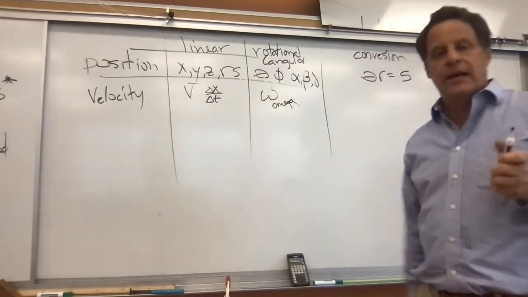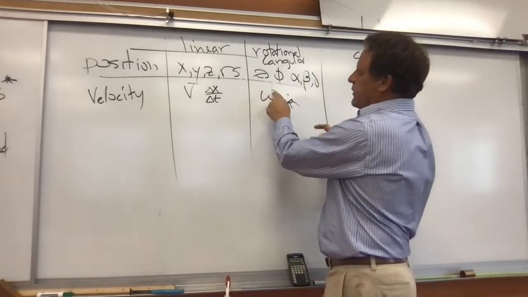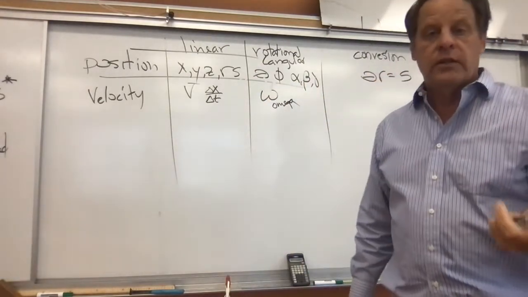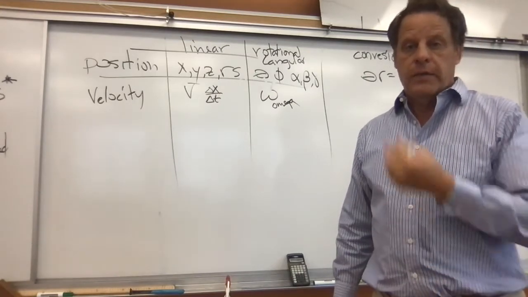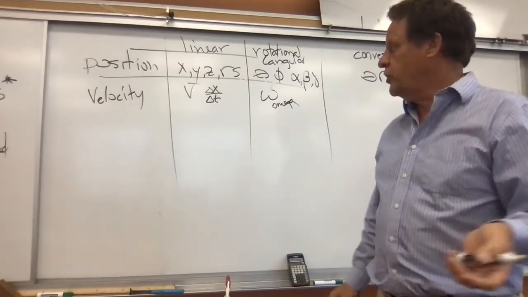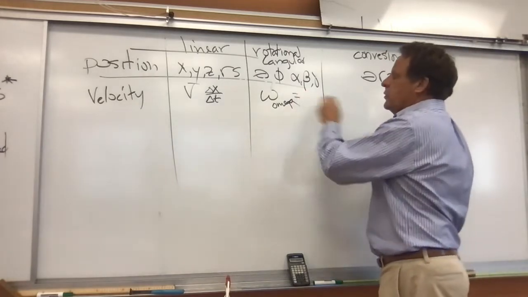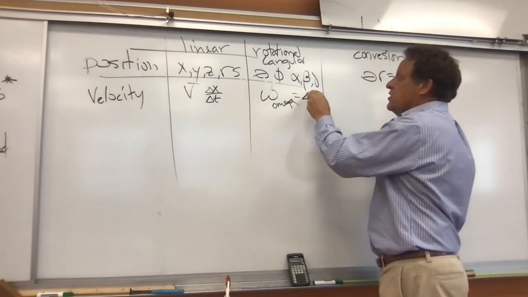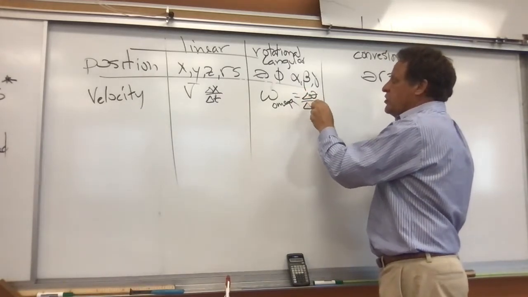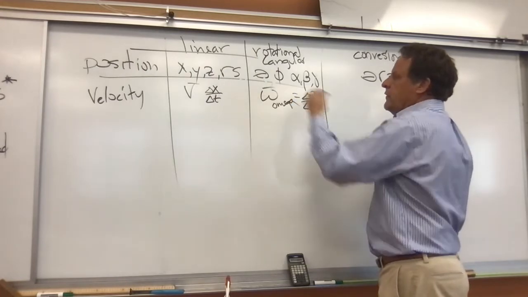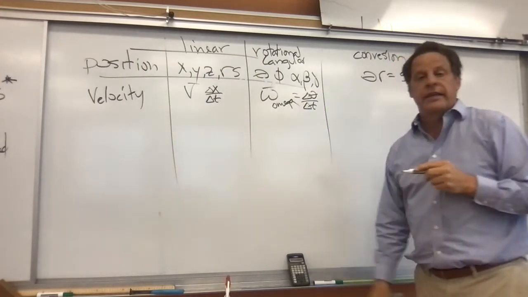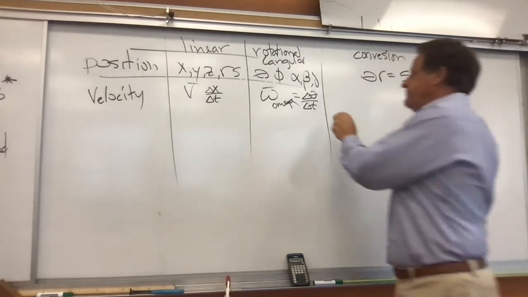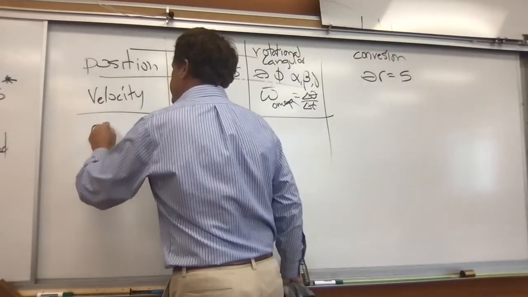Even if you call it w, that's fine, whatever works in your head. This would be something like change in theta divided by change in time, and then if it was that, we would put the average there.